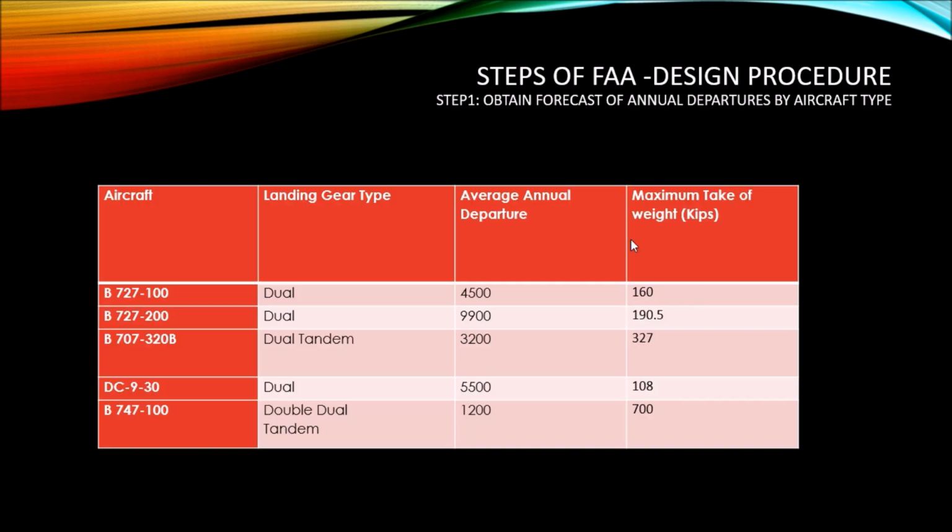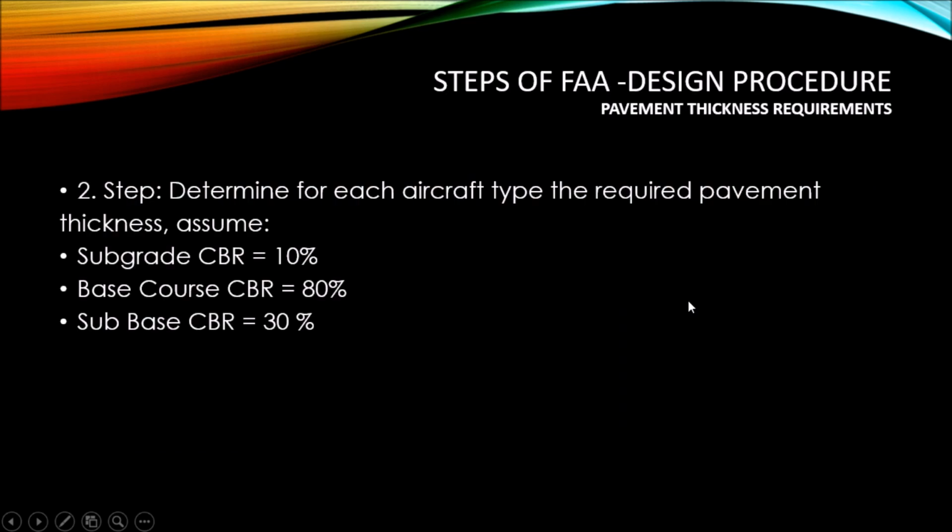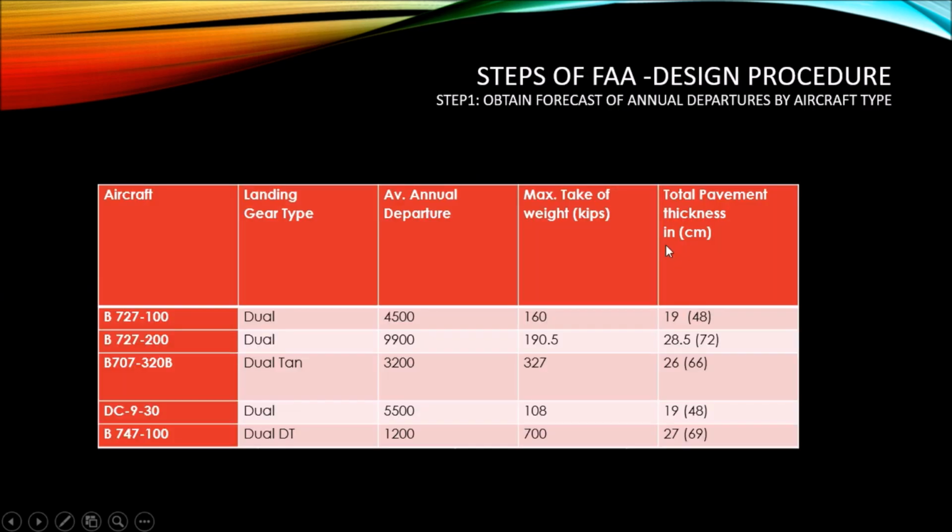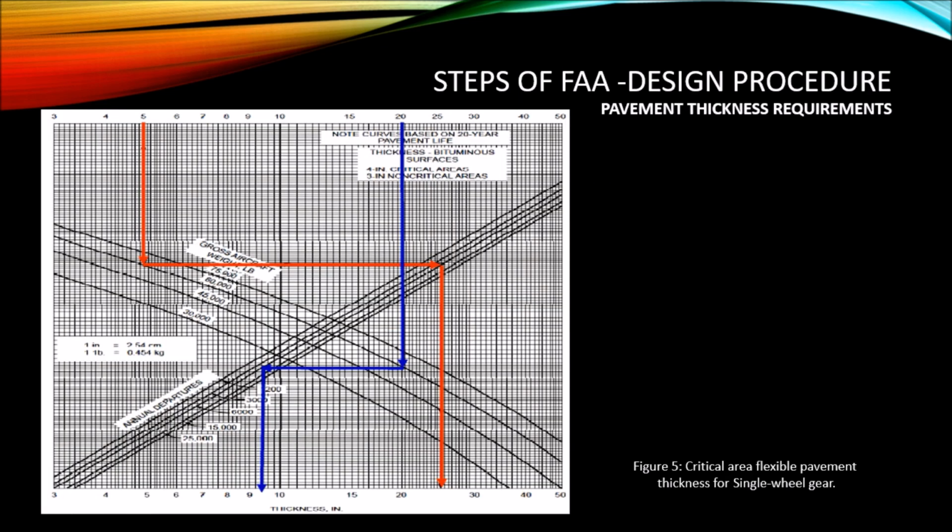For the first aircraft, considering the annual departure of 4,500 and the aircraft weight of 160,000 pounds, which is 160 in kips, the landing gear type is dual. So let's look at the graph and see how we can get the value.